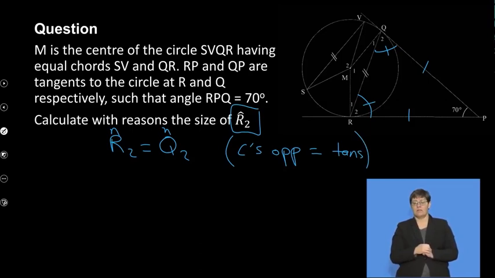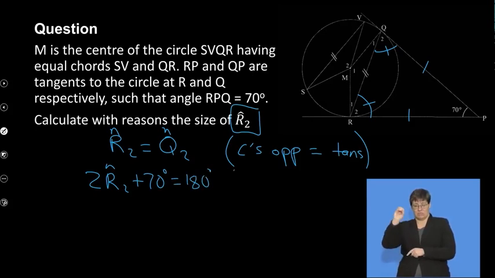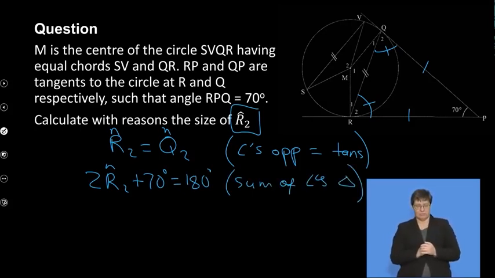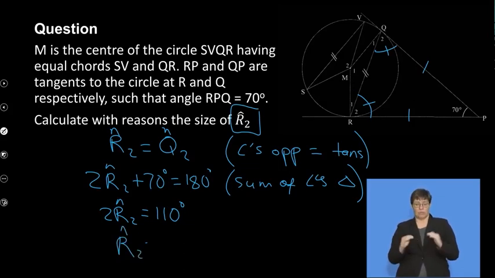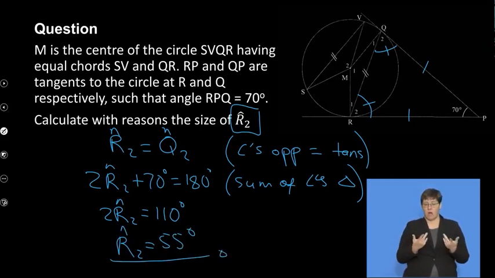And then you will say, we know that 2R2 plus 70 degrees must be equal to 180 degrees, which is the sum of angles in a triangle. Therefore I will find my 2R2 to be equal to 180 minus 70, which is 110 degrees. You divide both sides by 2, then R2 will be equal to 55 degrees. And that's how you can find R2.